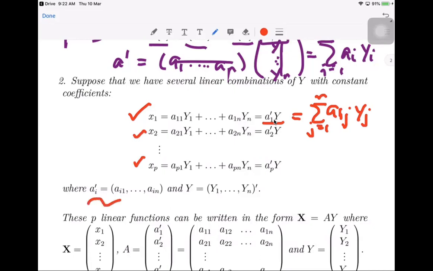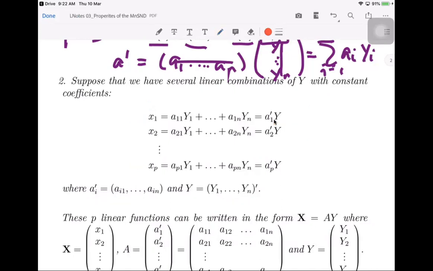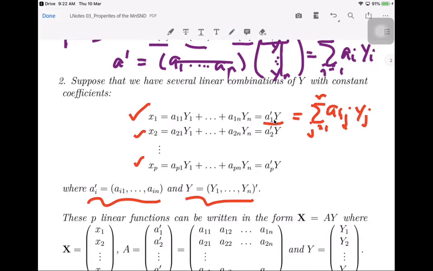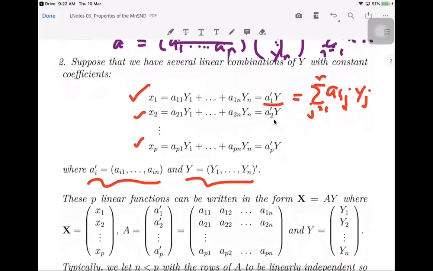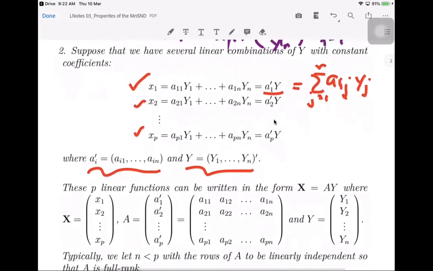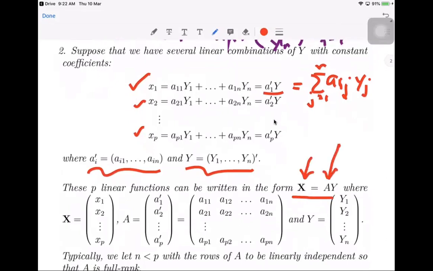Your vectors of constants is this, and this is your random vector y. These p linear functions can be written as x, which is equal to a matrix A times your random vector y. Your x here has the components x1, x2, up to xp.